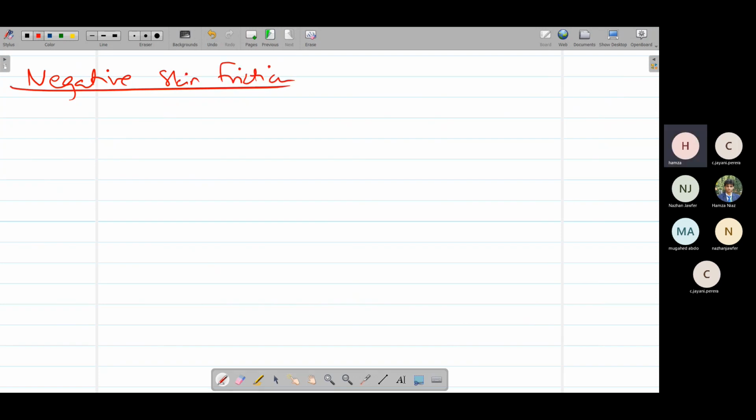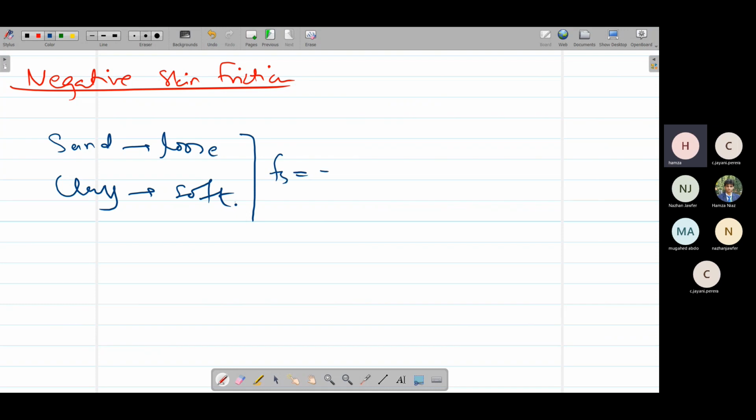What this says is that if the sand type is loose or the clay type is soft, in any of these cases, we are going to take their Fs value as negative. Whatever Fs value we calculated, we will do the same procedure, just we are going to take its Fs value as negative, if we are provided that the sand is loose or the clay is soft.